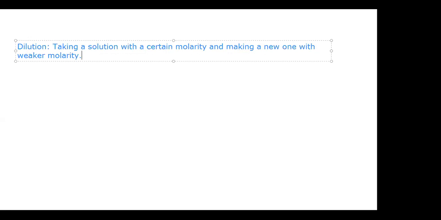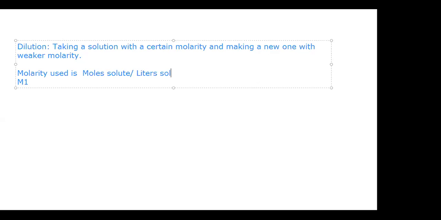Okay, so the dilution equation is going to be M1, okay, and that'll stand for molarity 1, and this is when we're going to be using molarity, which is moles solute divided by liters solution.